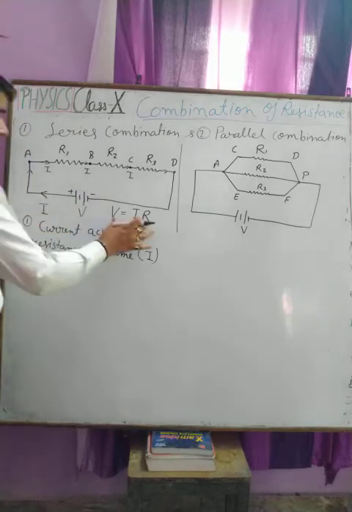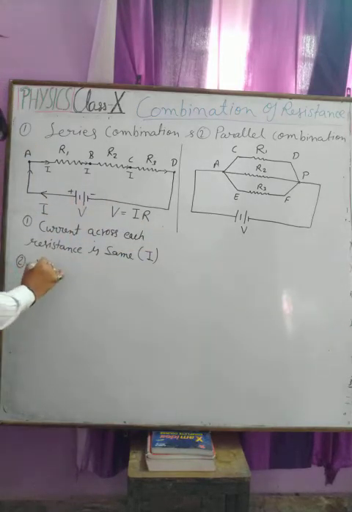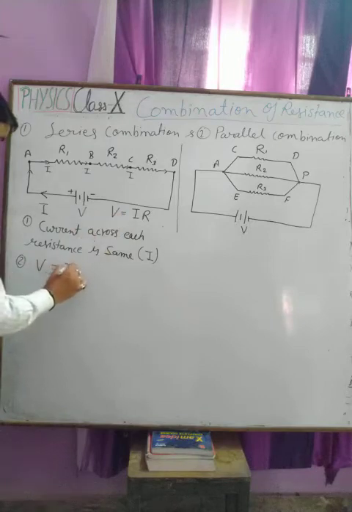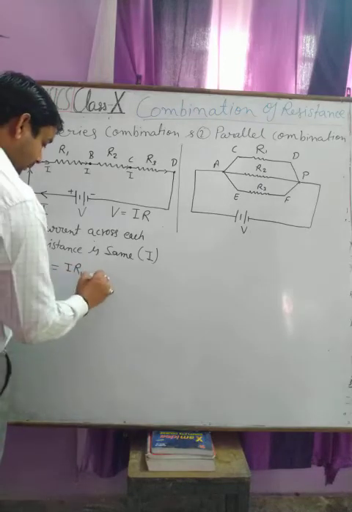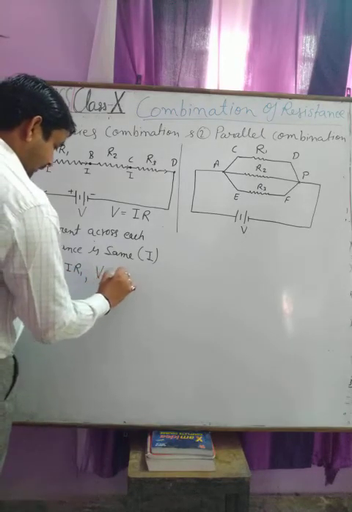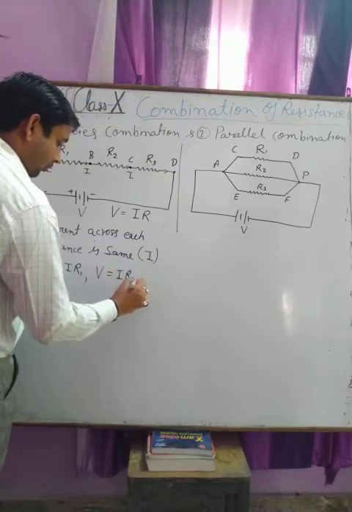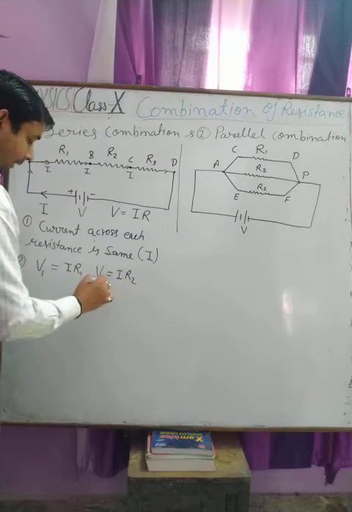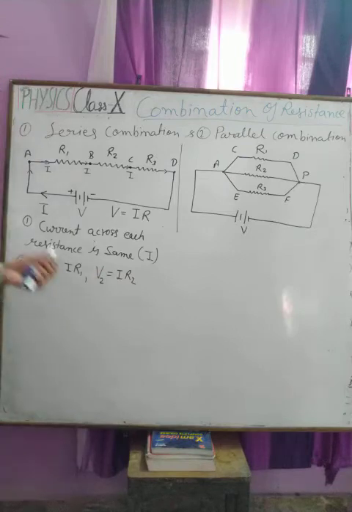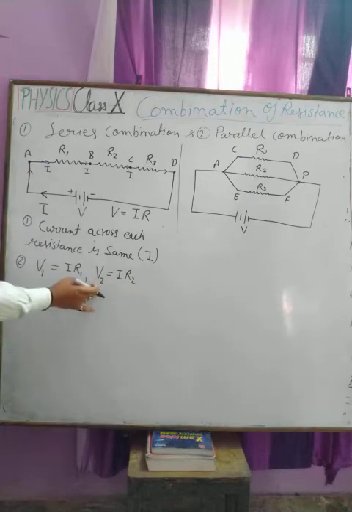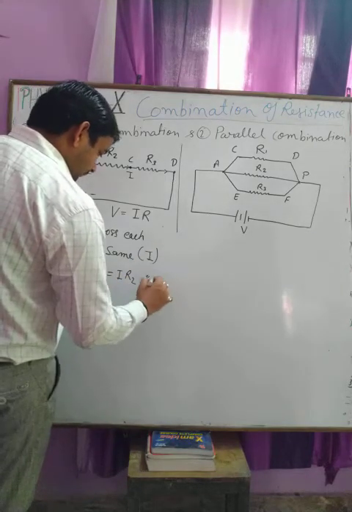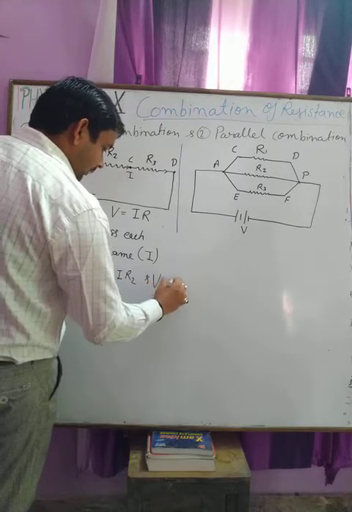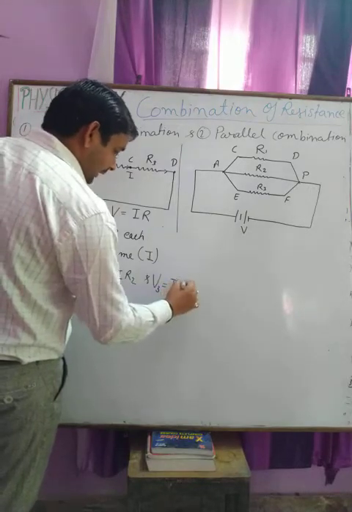So by the result, V across I R1 we take as V1, and V across I R2 we get a different result, which we call V2, and across resistor R3 it is V3.